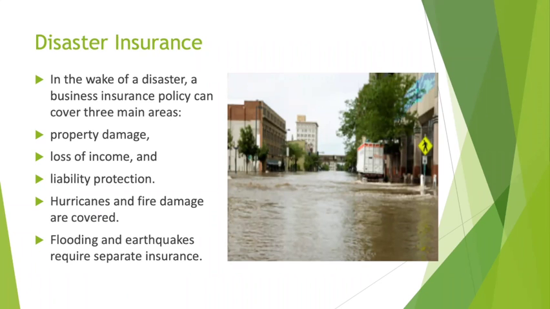It's not just disaster. So you say, well, what does disaster cover? Well, disaster is going to help you recover from a business interruption or damage to your property in case of a disaster, like flooding, like earthquakes, like hurricanes.